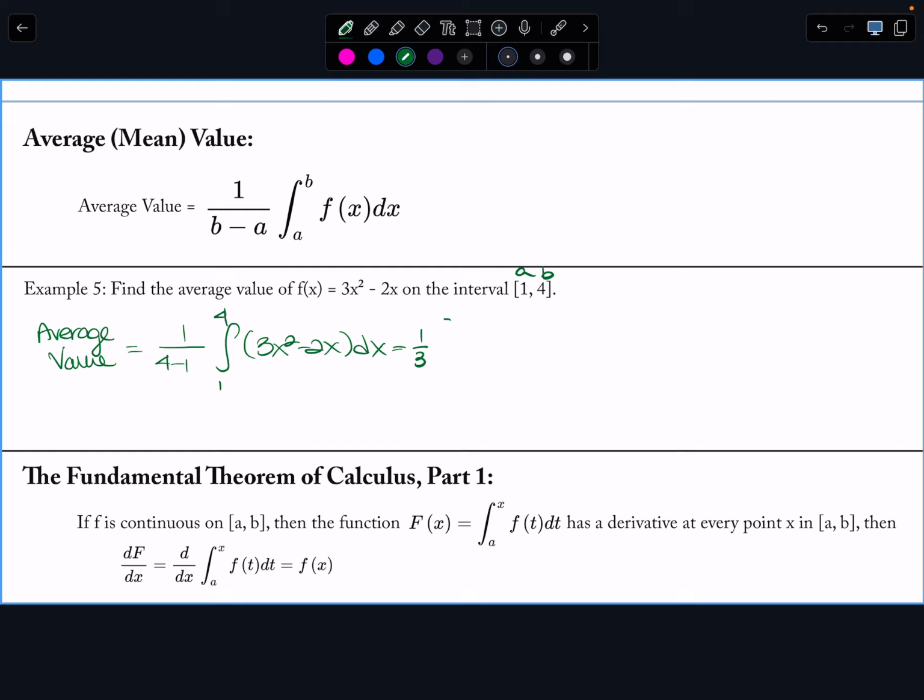So now, I have my 1/3. Antiderivative of 3x squared is x cubed. Antiderivative of negative 2x is negative x squared.